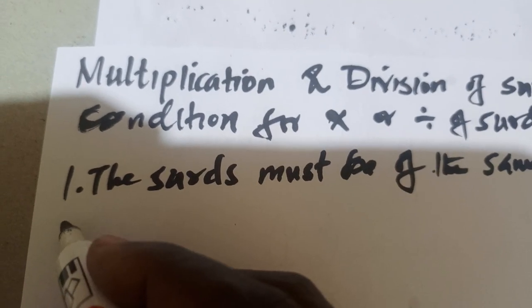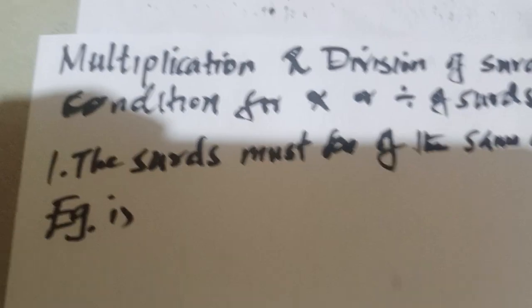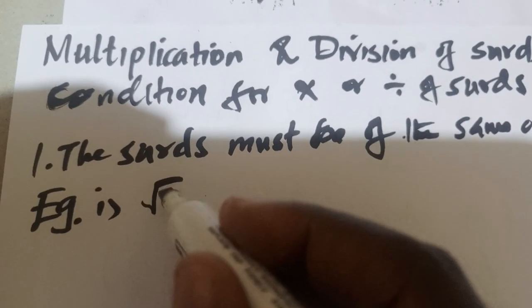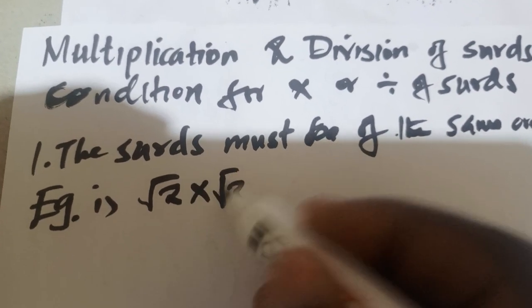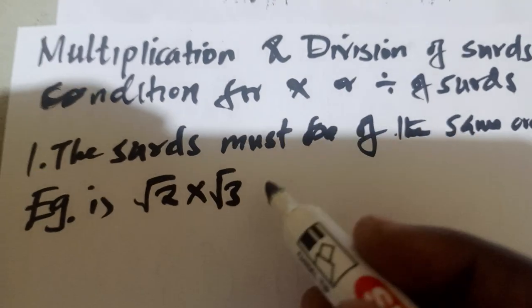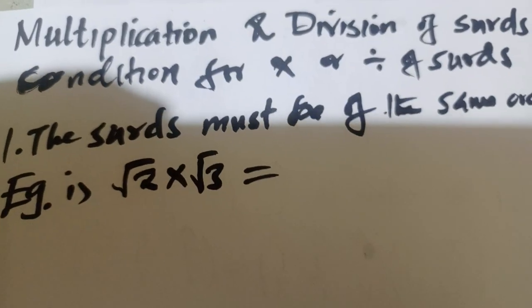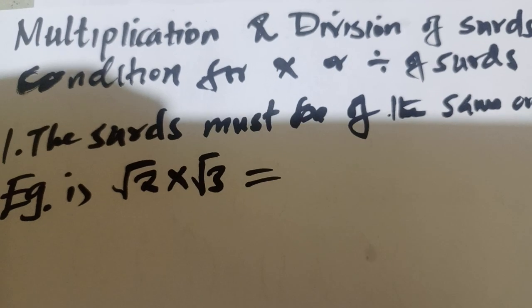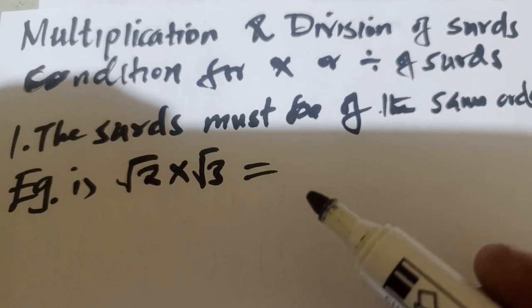some examples. So for example, consider example 1, we could be asked to multiply root 2 by root 3. Now, here we have two surds of the same order. So as long as they're the same order, you can multiply them. And how do we go about this?